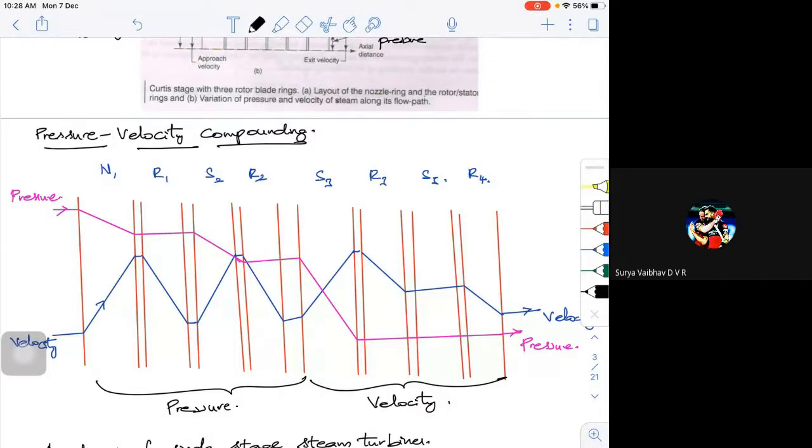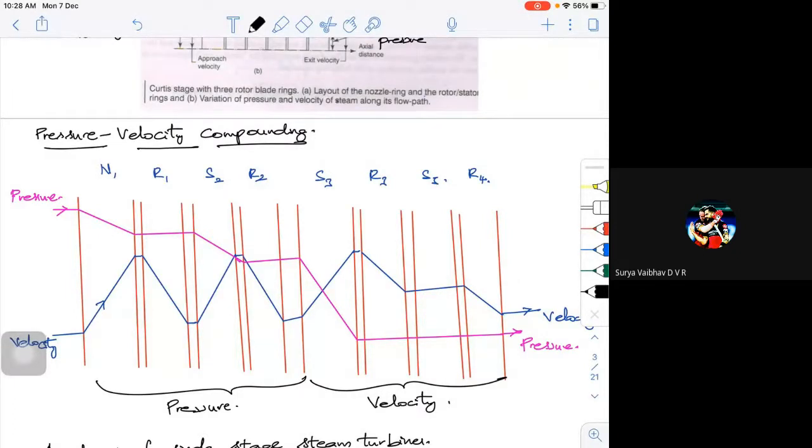Then when I go to my velocity compounding, the pressure has to drop to a particular value. So on the left hand side, the first 2 stages are high pressure stages, and the next 2 stages are called low pressure stages. In the low pressure stages, at stator S3, the pressure will drop to a particular pressure and it remains almost constant for the next two rotors, R3 and R4. But what will happen to the velocity?